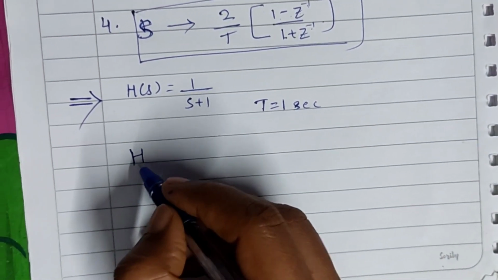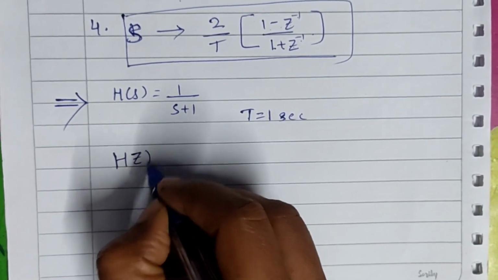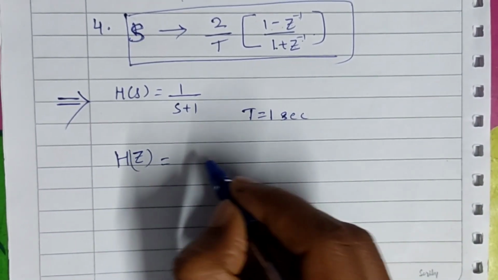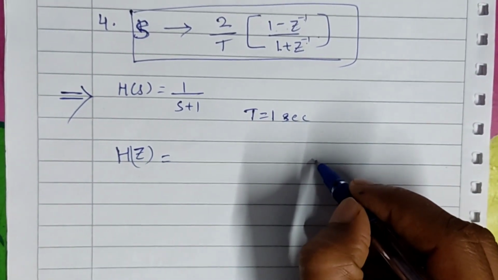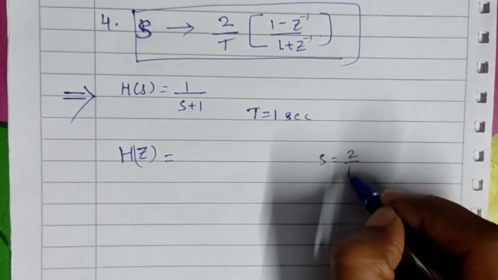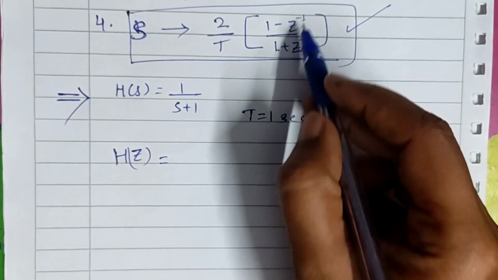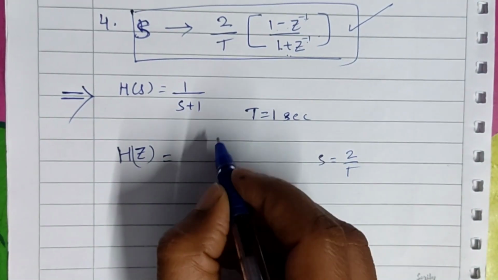H(Z) will be obtained by substituting S as (2/T) into (1 − Z^-1) divided by (1 + Z^-1).